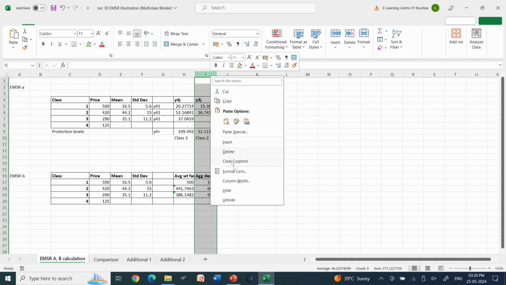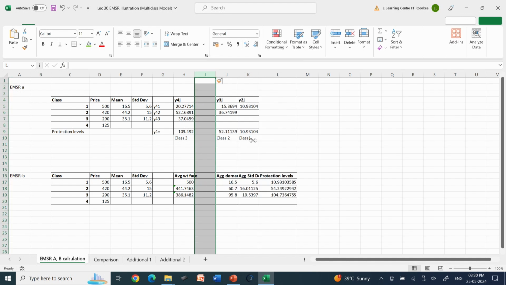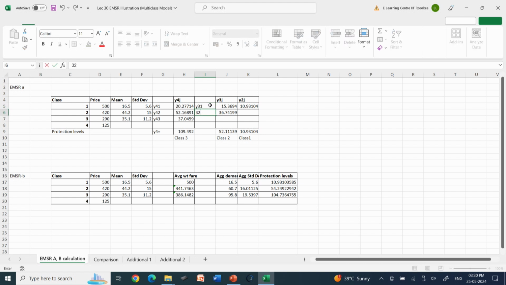Similarly, we can do for Y3j. Here we are calculating Y31 and Y32. As it is, we have inserted this normal inverse function formula in J5 and J6, and you get Y3 in the cell number J9.